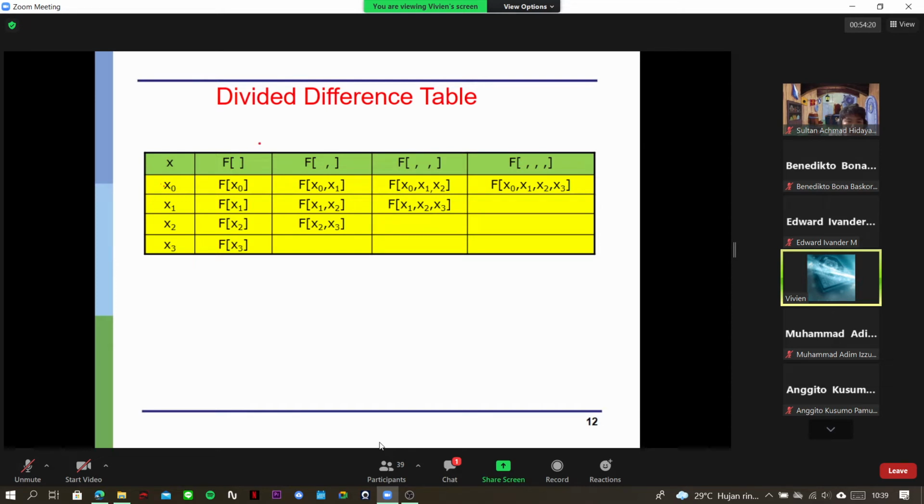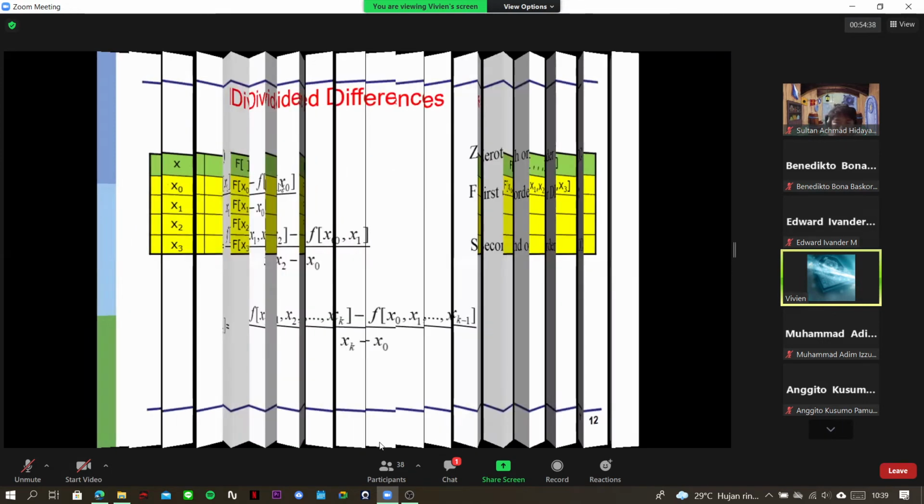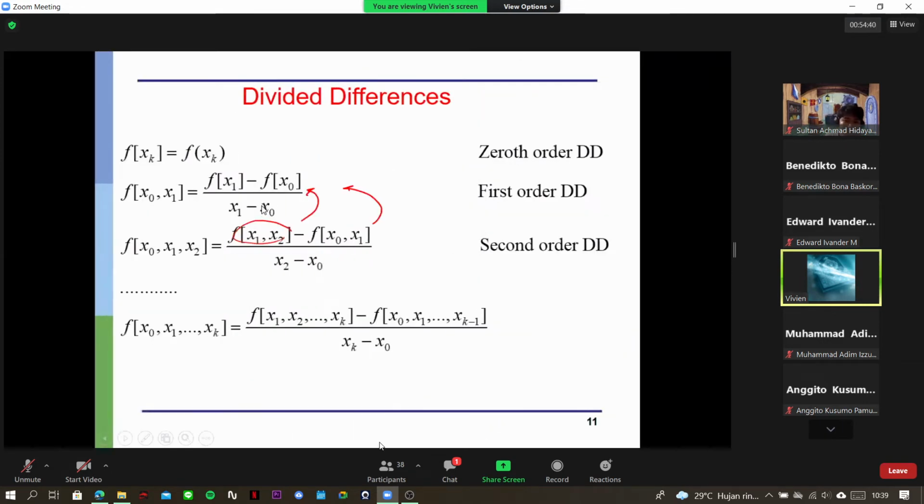Next, the third column is to find the first divided difference. If we have f[x0, x1], that will be f(x1) minus f(x0) over x1 minus x0.